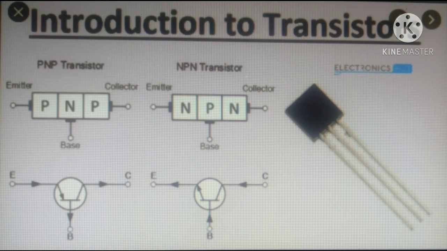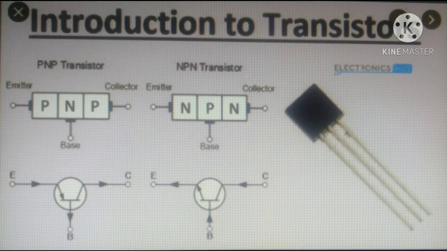These are the two terms in a transistor. The first term is transfer of a resistor, and the second is that the transistor is controlled by a bias. Bipolar means both holes and electrons take part in carrying the current through the transistor, therefore it is called a bipolar transistor.